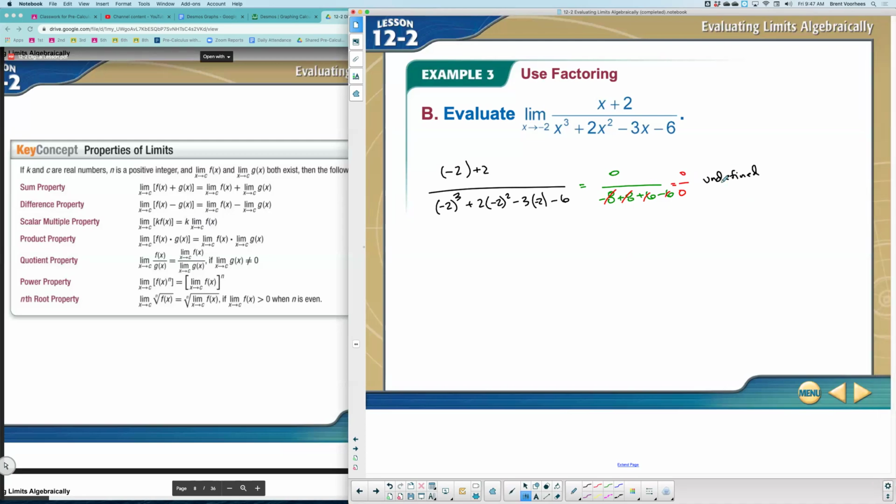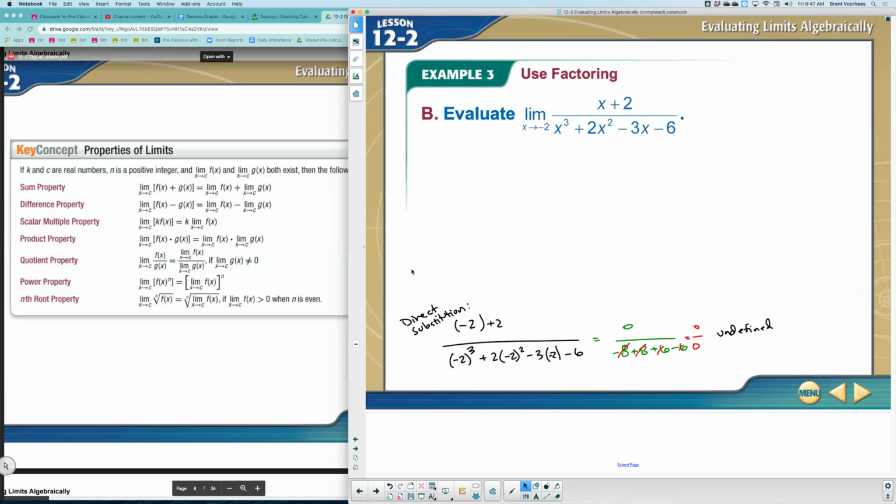Well, let's try factoring. What I'm going to do is factor this by grouping. So this was just using direct substitution here. At this stage, I'm going to slide this down.